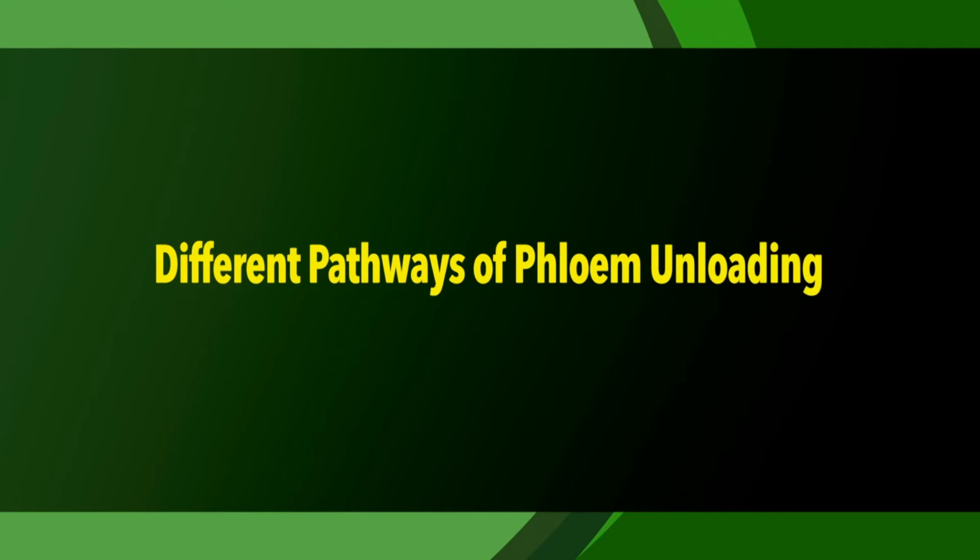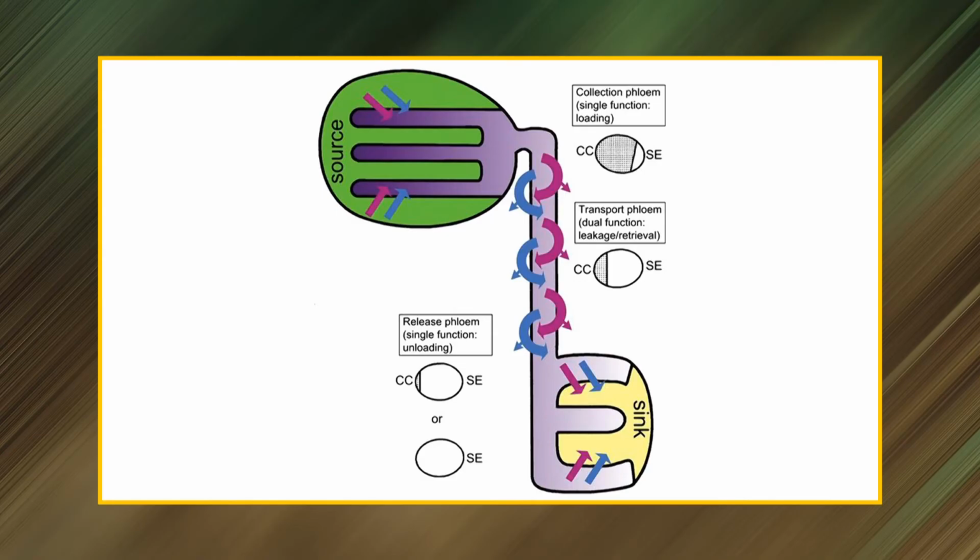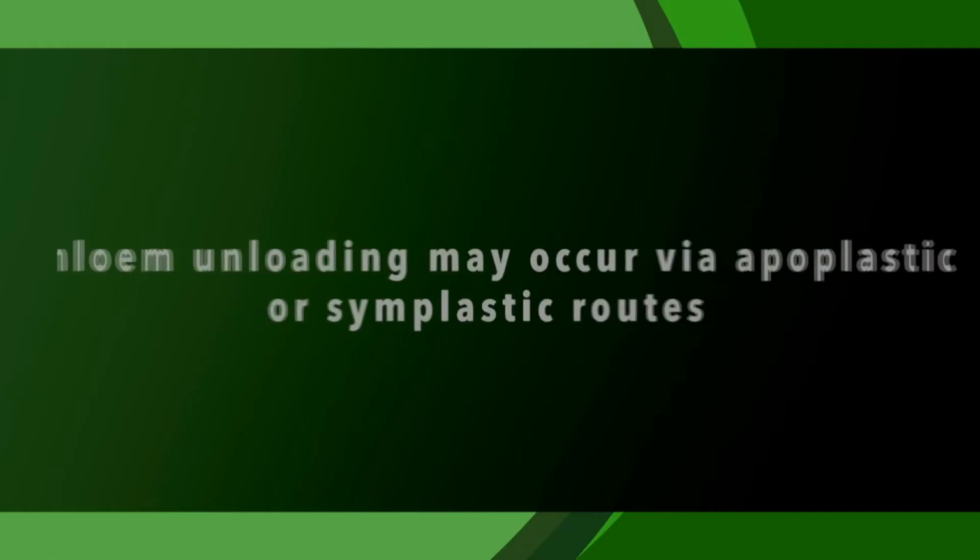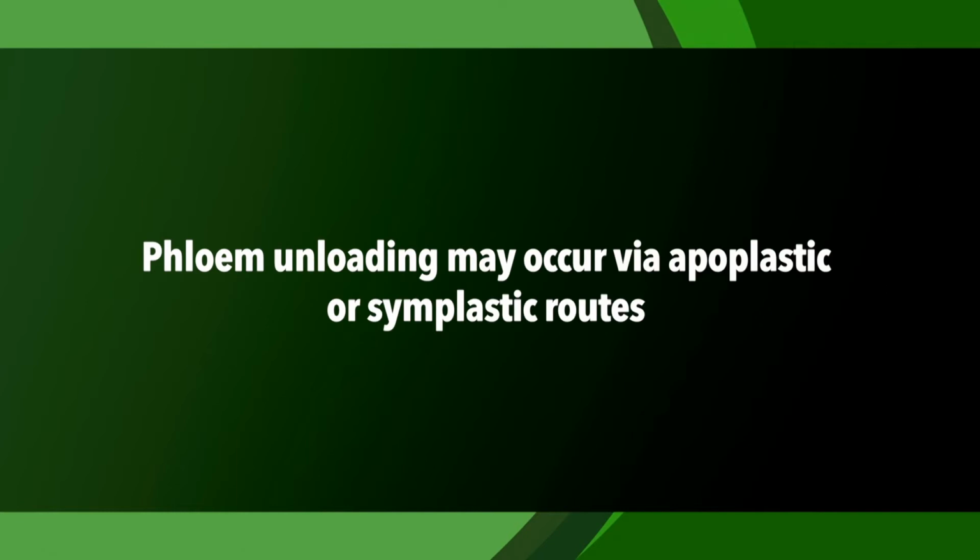Now, let's see the different pathways of phloem unloading. Once photoassimilate reaches its target sink, it must be unloaded from the sieve element companion cell complex into the cells of the sink tissue. Like phloem loading, phloem unloading may occur via apoplastic or symplastic routes.